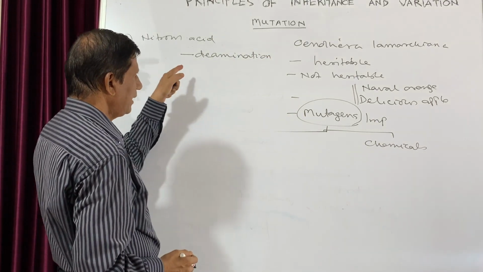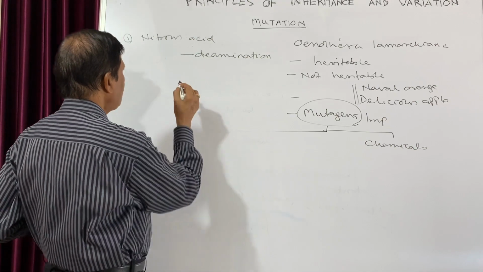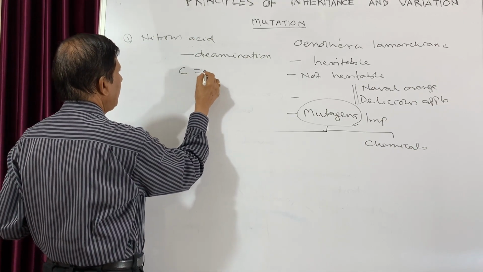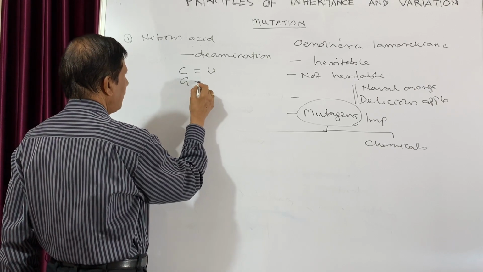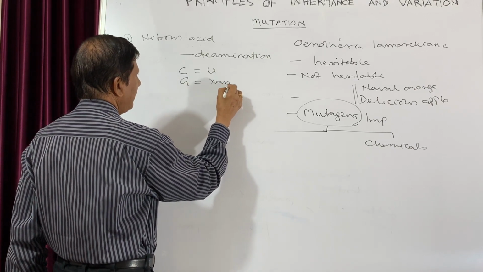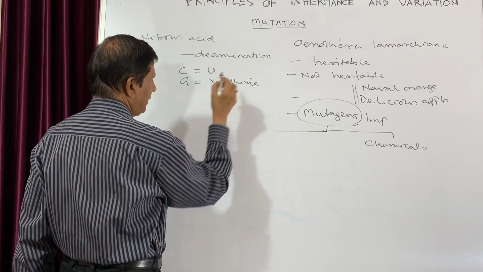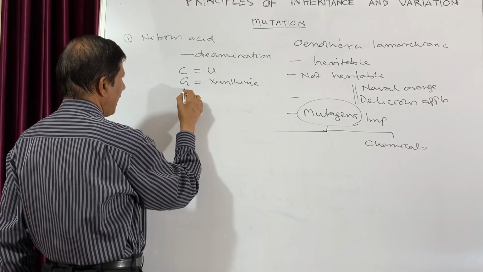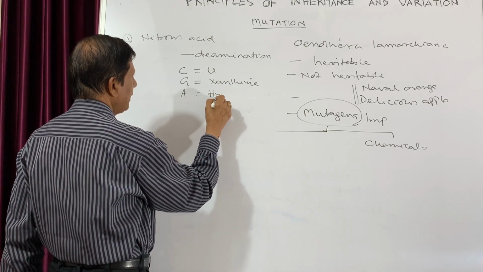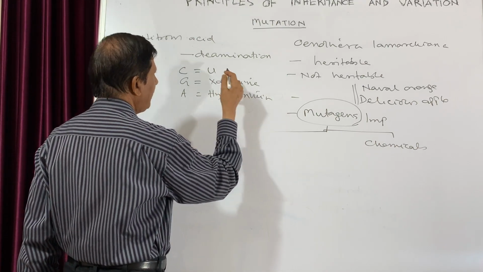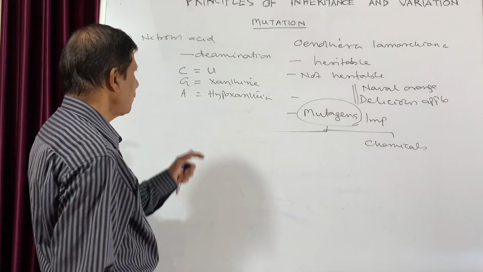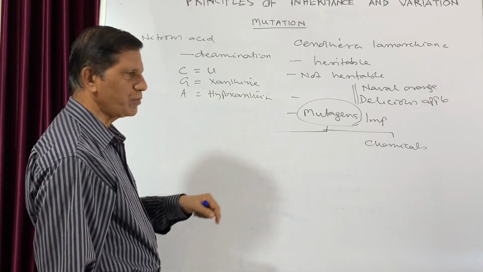So when it helps in deamination, what happens? Now the cytosine is converted to uracil, the guanine is converted to xanthine, and adenine is converted to hypoxanthine as a result of deamination. So when these changes take place, what happens?